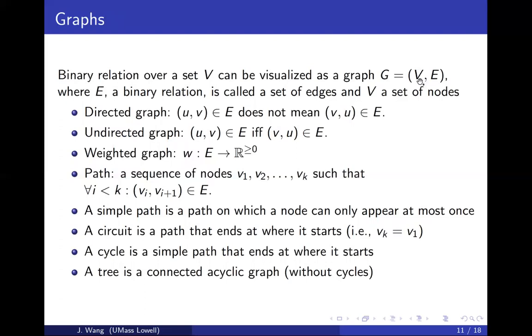One is V, the other one is E, where V is a set of nodes or vertices, and E is a set of edges on vertices representing they are related. E is a binary relation, a set of edges, and V here is a set of nodes, and sometimes we call nodes vertices.